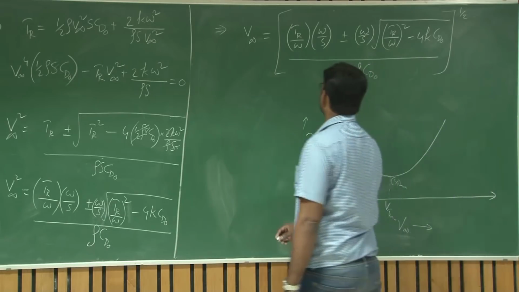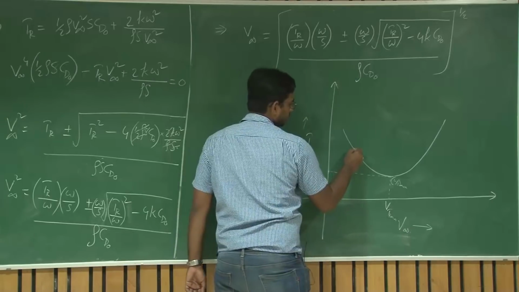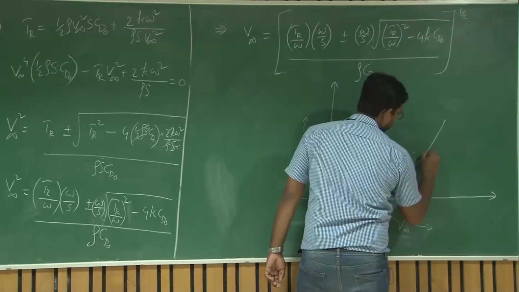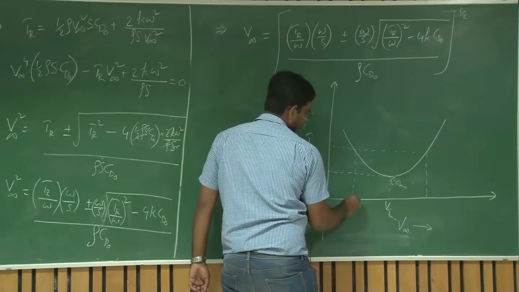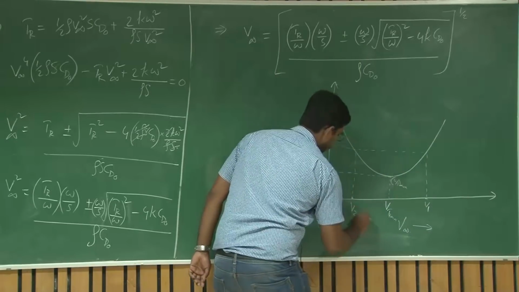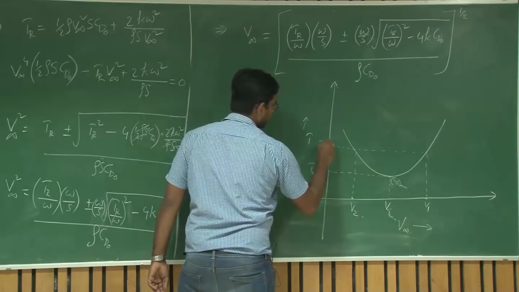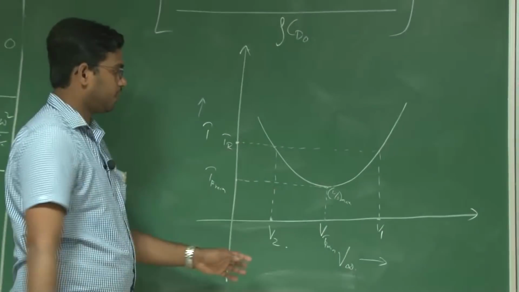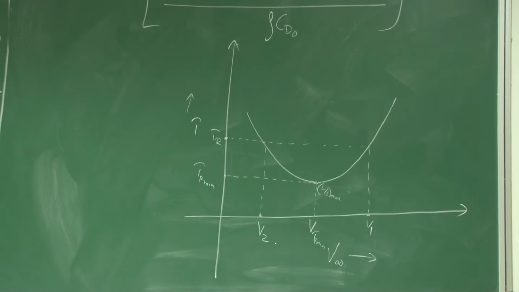Now see, if you observe here, for a given thrust requirement, you can fly at two different velocities, V1 and V2. Say if you want to fly at this particular thrust required condition, TR, the options that you have is either you can fly at V1 or V2. So which velocity you need to choose?